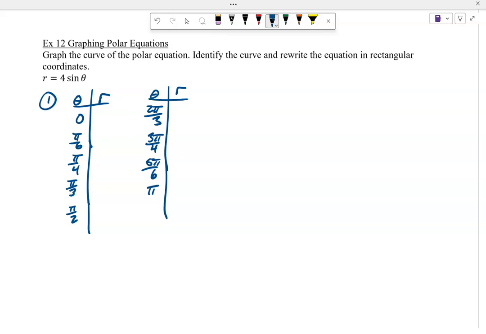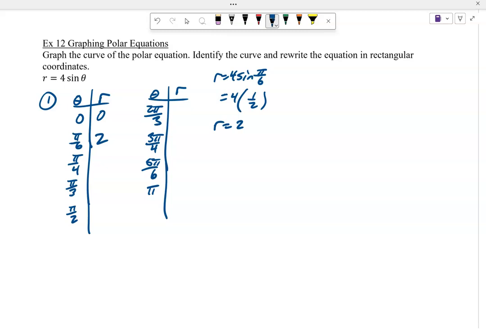Sine of 0, 0. 0 times the 4 in front, 0. Sine of pi 6, right? I'm finding 4 sine. Now I'm plugging in the pi 6. So I got 4. I know the sine of pi 6 is a half. So that'll end up being 2. My R is 2. Sine of pi 4 is root 2 over 2. So 4 times root 2 over 2 is 4 root 2 over 2.